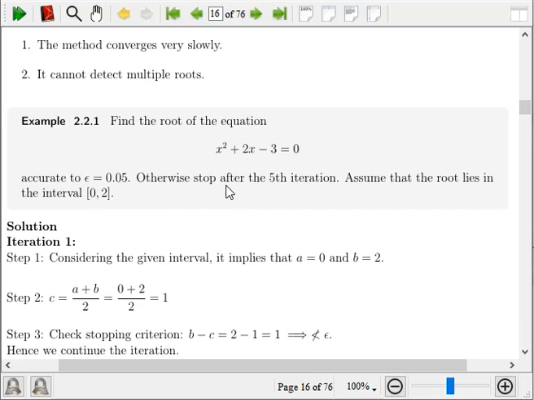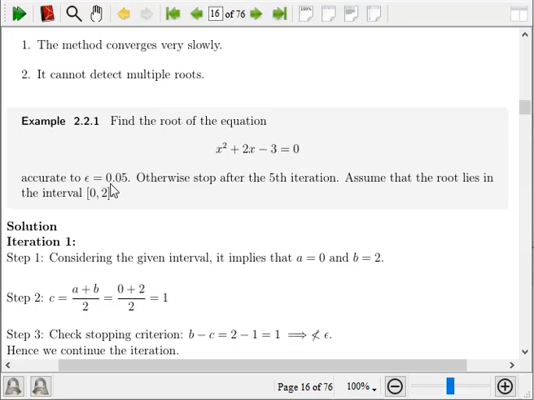So let's look at this particular example. Find the root of the equation x squared plus 2x minus 3 equals 0, where epsilon is 0.05. We stop the procedure after the 5th iteration if the difference between two successive approximations is not less than epsilon.